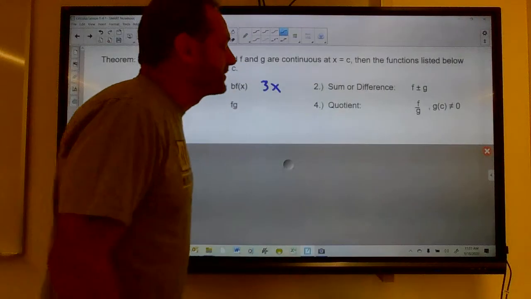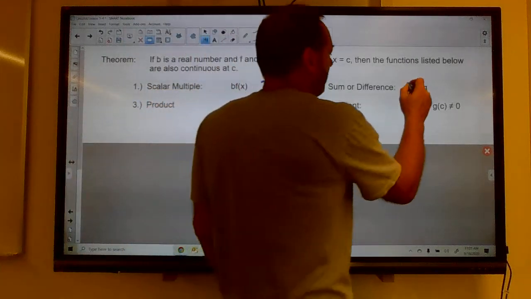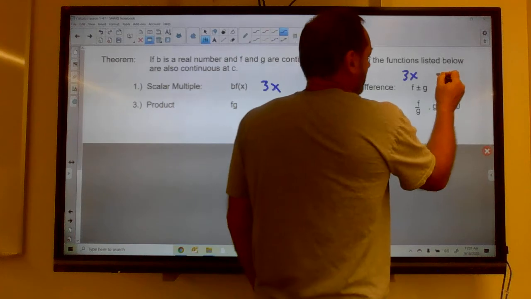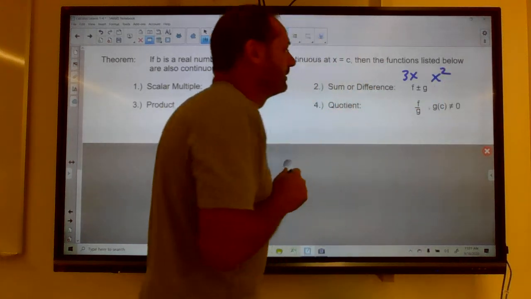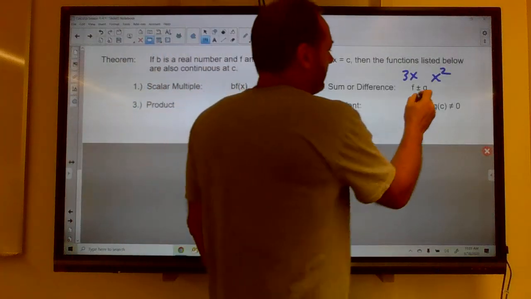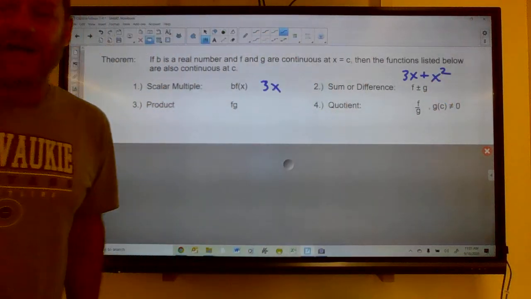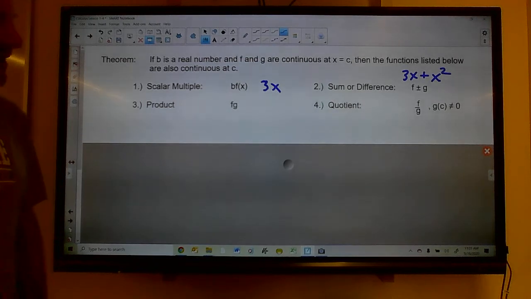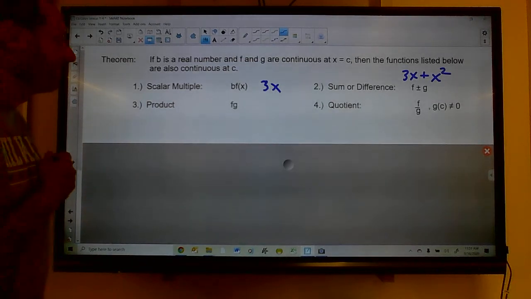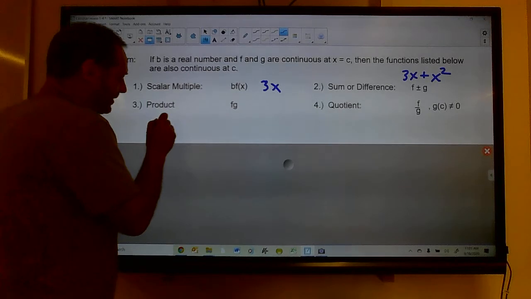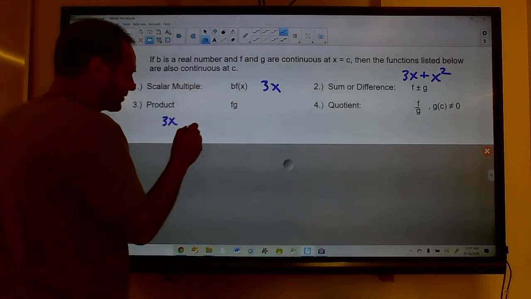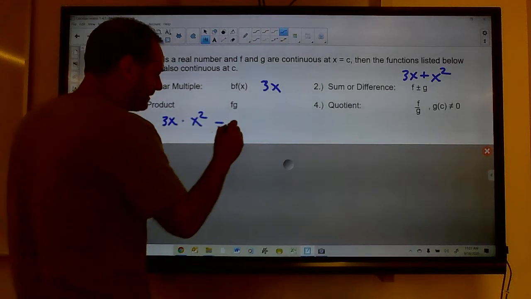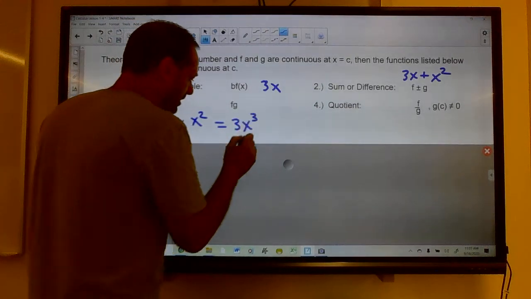The sum or difference. So let's say I had a function f was 3x and g was x squared. Okay, if I add those two together, that function is also continuous. If I subtract those two functions from each other, they're also continuous. If I take a function, say 3x, and another function x squared, they're both continuous, and I multiply them together, I'm going to get a third function, 3x cubed.